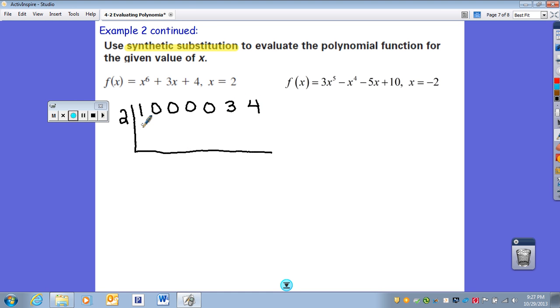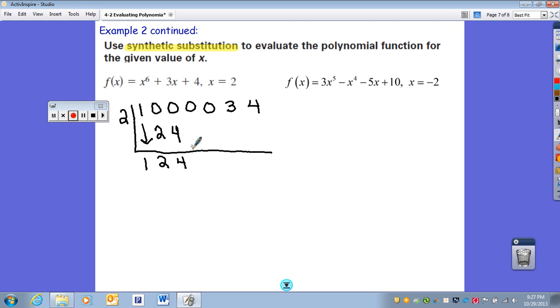Remember, what we're going to do is bring down the leading coefficient. We're going to multiply that by the x value, which is 2, and we're going to add the two together. Then we're going to multiply, putting our product, and add those two together.